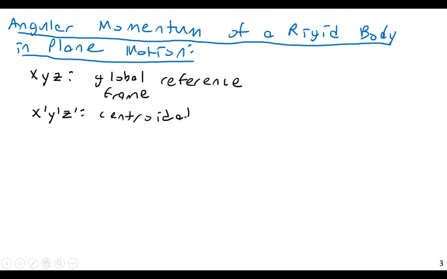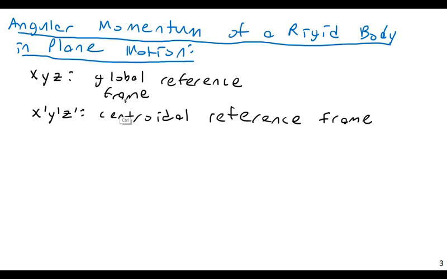It's not rotating or anything like that, but it is redefined so that the X, Y, and Z axes all pass through the centroid, or the center of gravity, of the body. The centroidal reference frame. Okay.